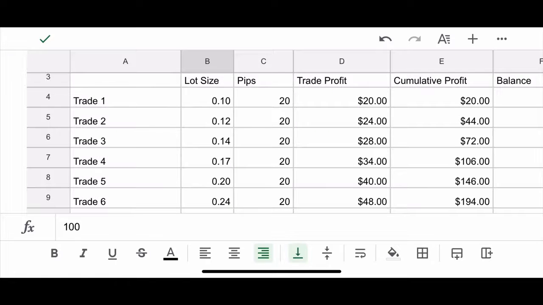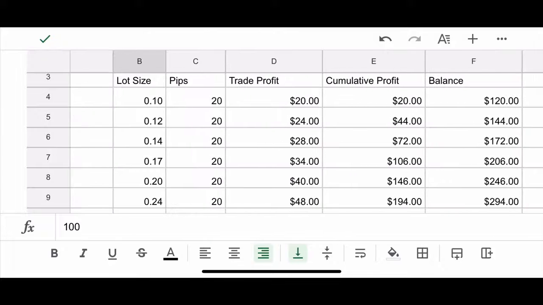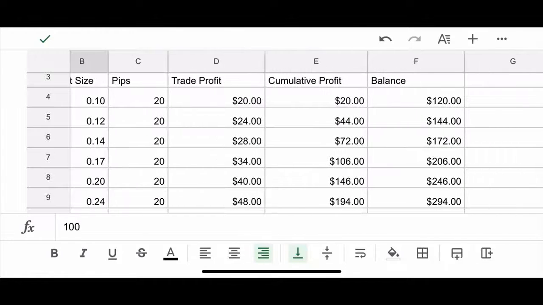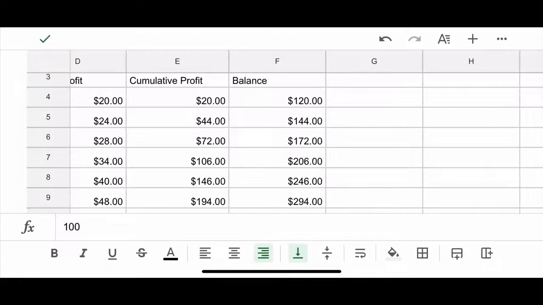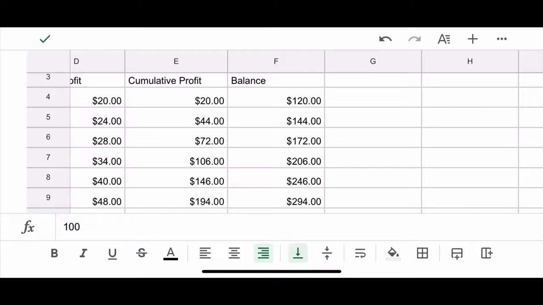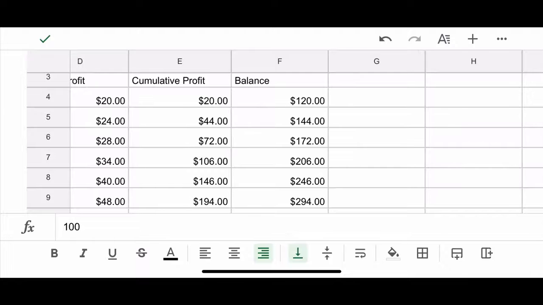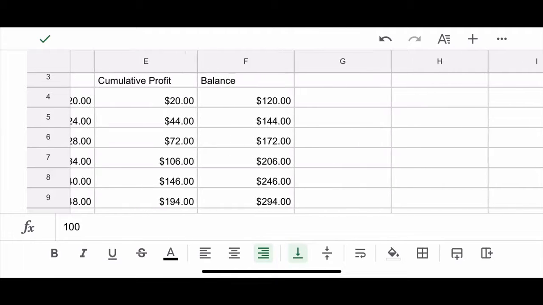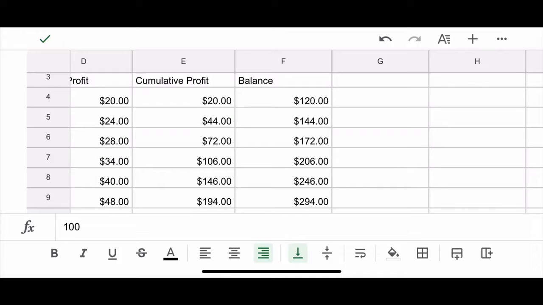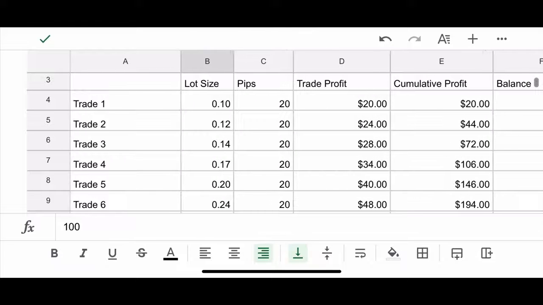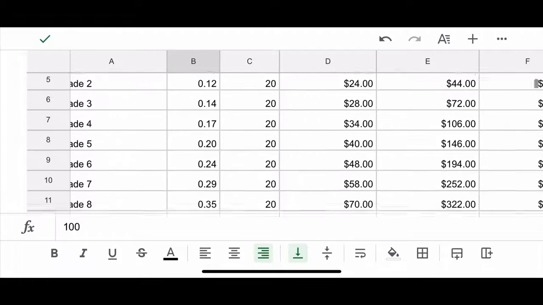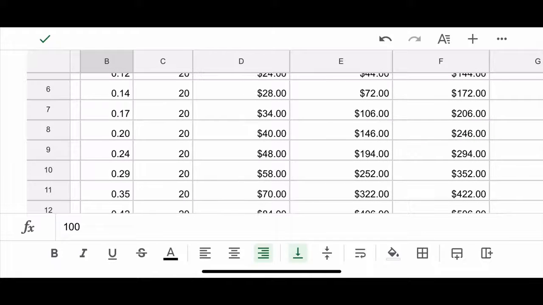The second trade that's sent out, your lot size would be 12 cents. You get 20 pips again. You made $24 on that trade. Okay. Now your total profit from yesterday and today is $44. So now your $100 is now a $144 account. And then that same process goes, and you keep increasing your lot size as your balance increases.